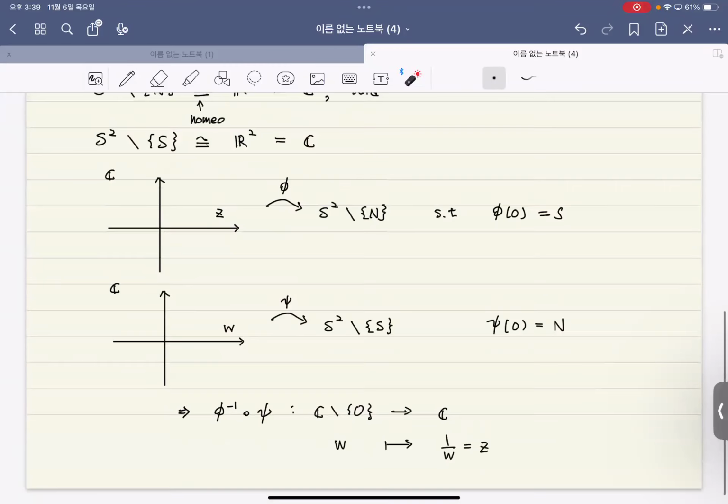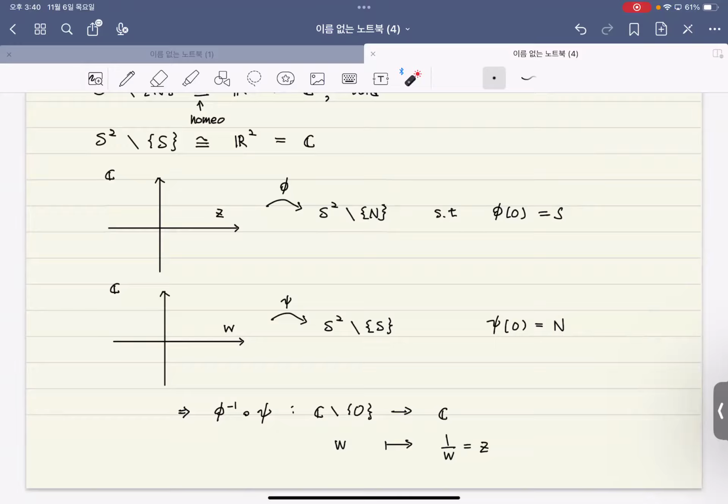So maybe you might be wondering, why do I need to impose such a condition? But this kind of composition is one of our most favorite conventions that is being used in the so-called complex projective space. So this is the usual complex plane that we are working in.